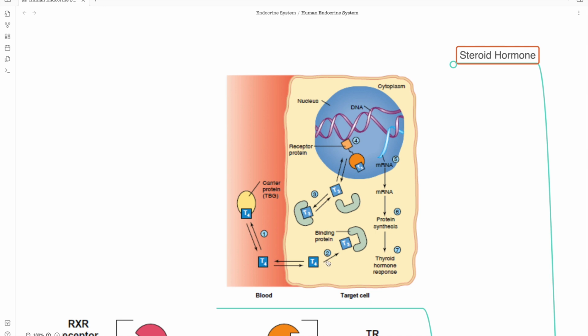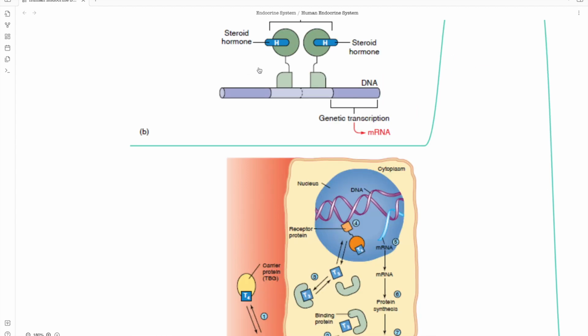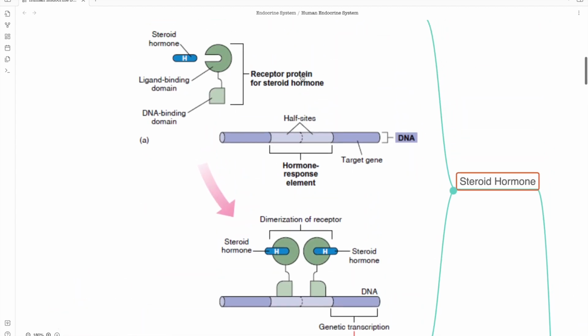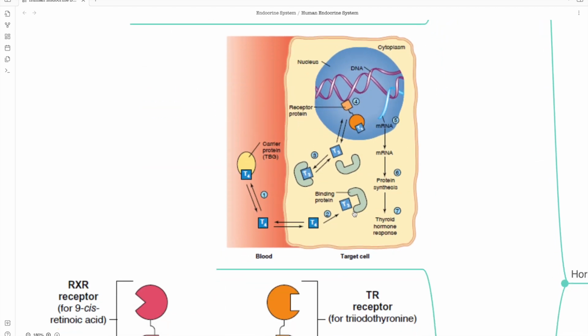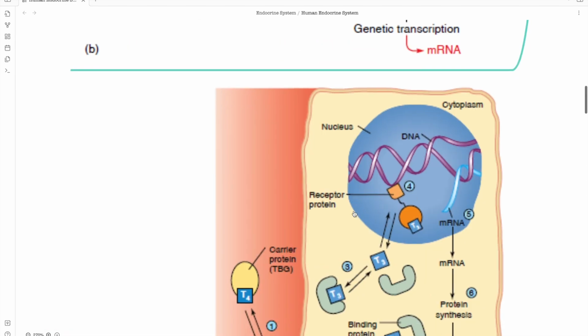Now T4 enters into the target cell. Very major point over here to follow is T4 gets converted into T3. So here is another difference between steroid hormone and thyroid hormone mechanism of action. While in steroid hormone there is no change in the hormone itself, but in this case the T4 gets converted into T3, so there is a change in the hormone itself.